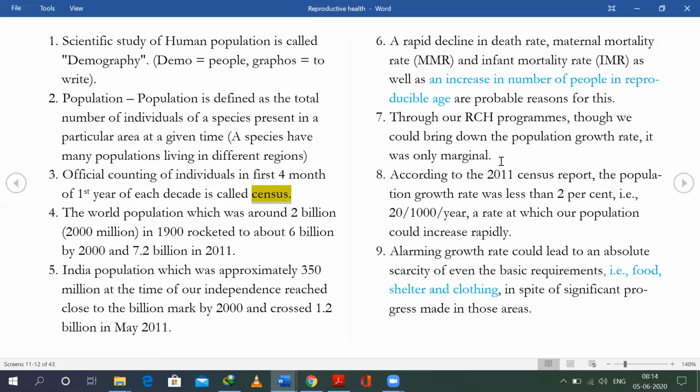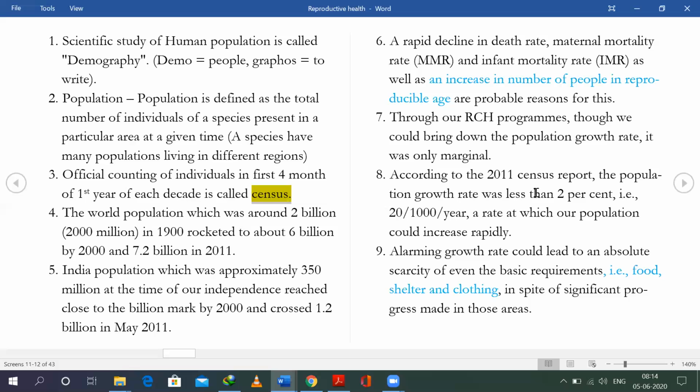Because of this awareness that has been created, some population growth has been reduced, but it is only marginal. It's not that a significant decrease has taken place.